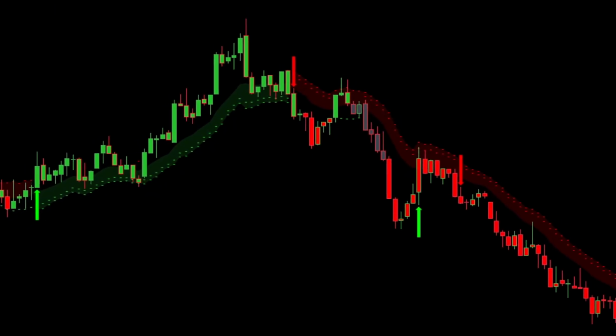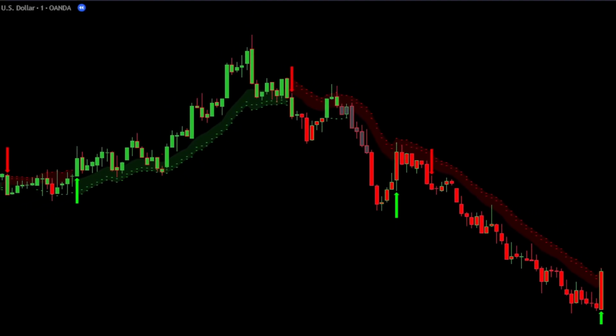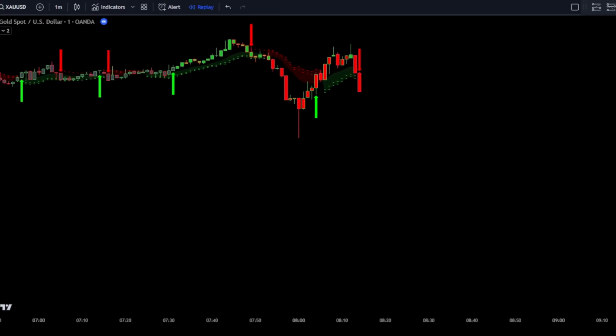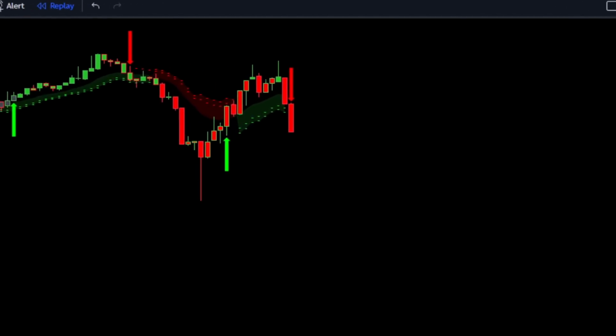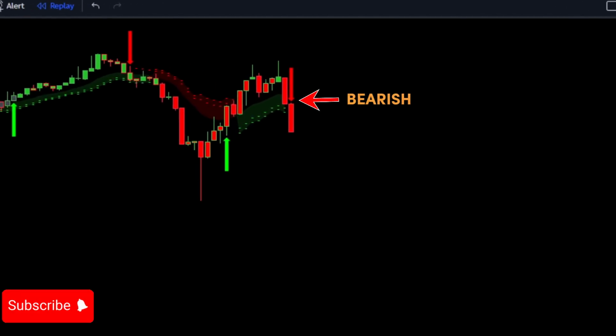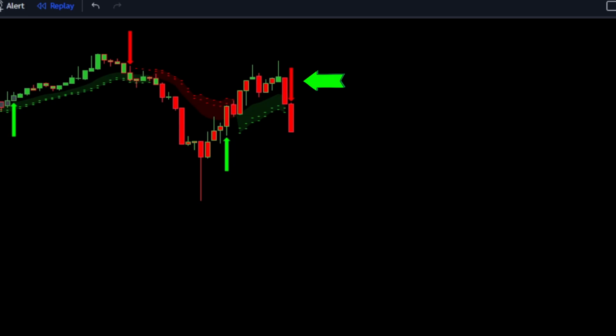Now, let's discuss how to combine these two indicators to place entries in the market. How to place a sell entry. If the cloud from the LNL Trend System indicator is red, it indicates a bearish trend. In this situation, your main focus is to find the best point to place a sell entry. Wait until the Pivot Scalper indicator gives a sell signal.